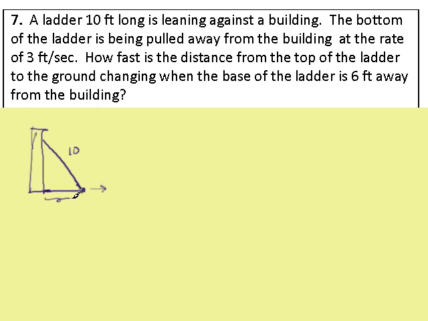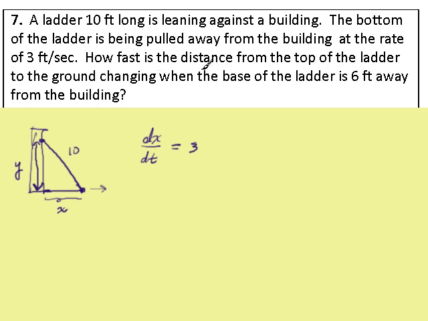If we call this distance x, and this distance from the top of the ladder to the bottom of the building, if we call that y, that means x is increasing at the rate of 3 feet per second. So let's write that down. dx/dt is equal to 3.